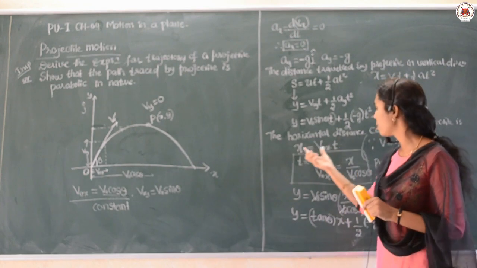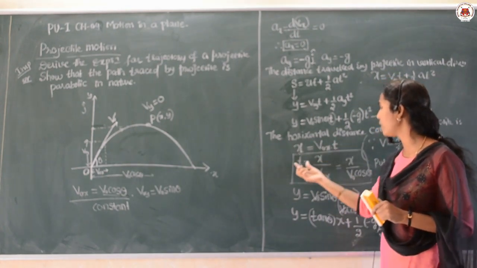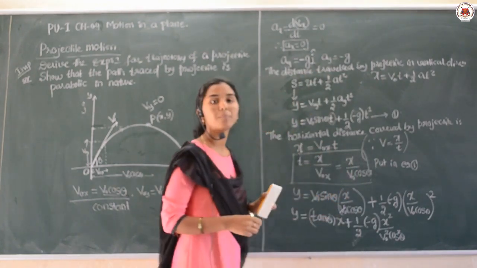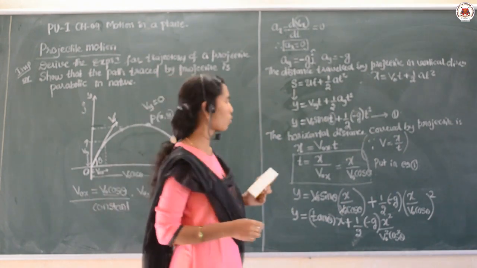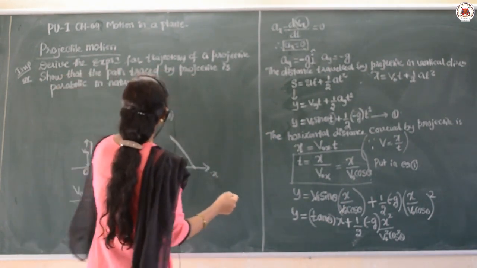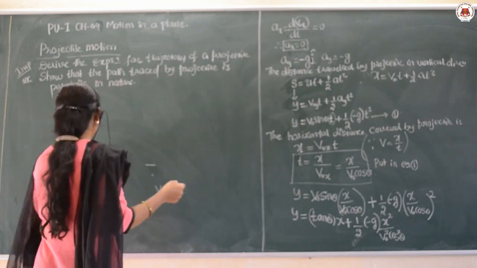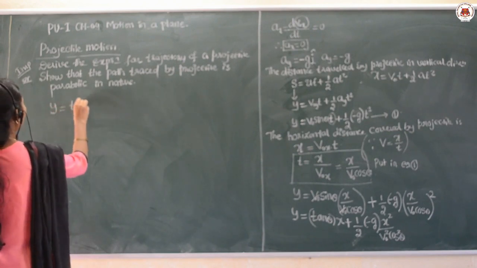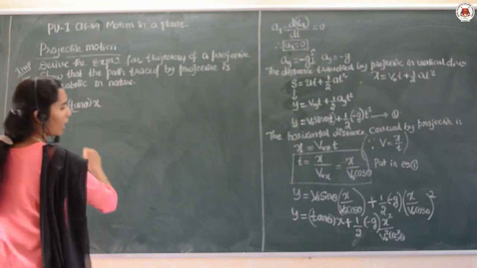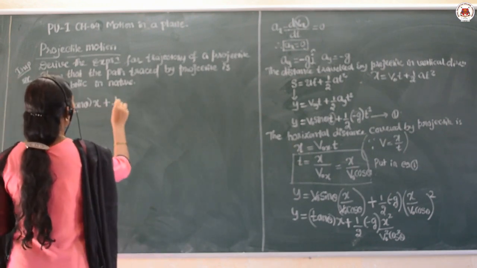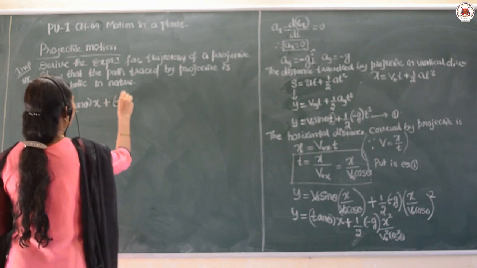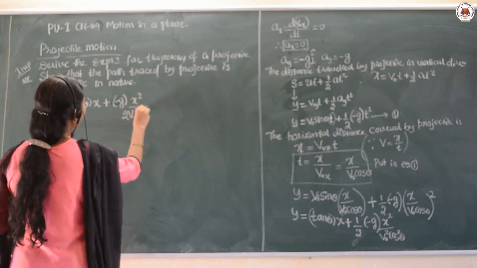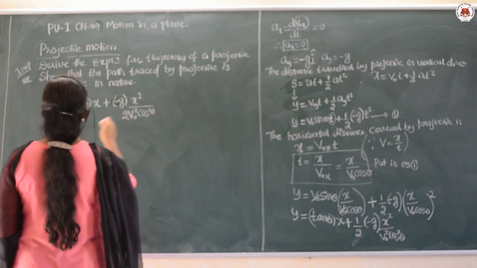Yes, and by using the distance formula we are simplifying the expression by considering the horizontal distance. Yes, that is x equal to v naught x into t, then t is equal to x upon v naught x. Then after substituting the value of t in the expression, finally we will get the formula, that is y is equal to tan theta into x plus or else minus g into x square divided by 2 v naught square cos square theta.